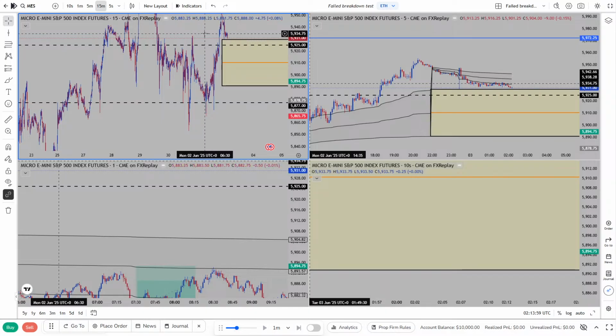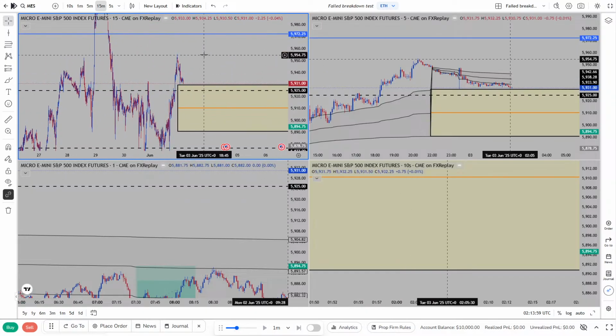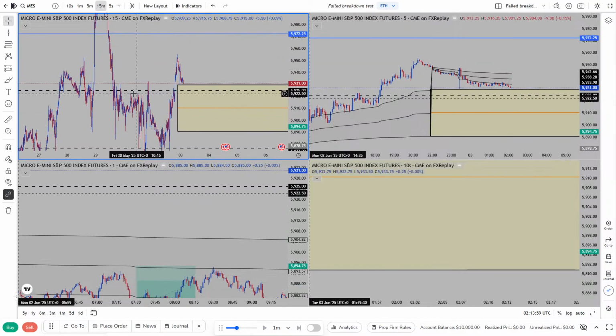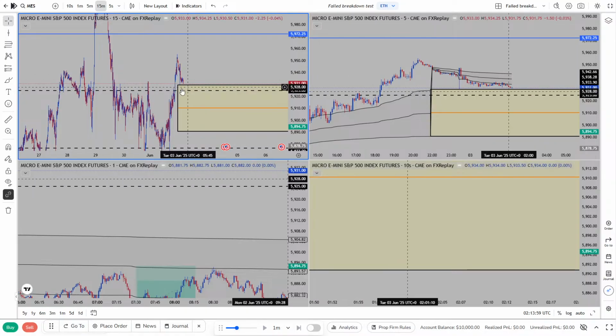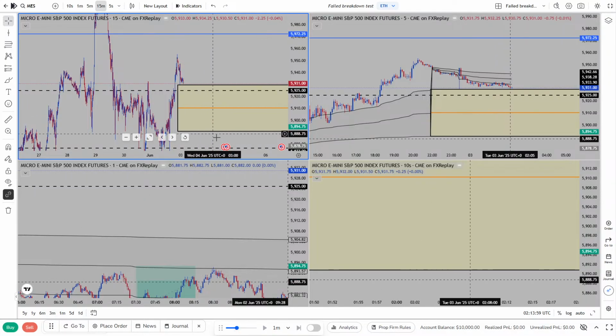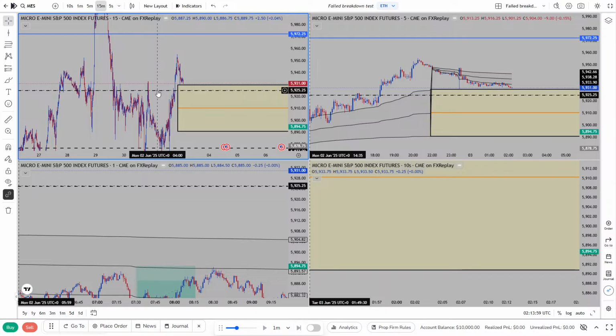We return below it, and now we try to break above it. So after we break above it, the first thing ES does is backtest this one, confirms the breakout, and possibly continues. If it doesn't confirm it, we may see a retracement back. So that's where we are waiting now.